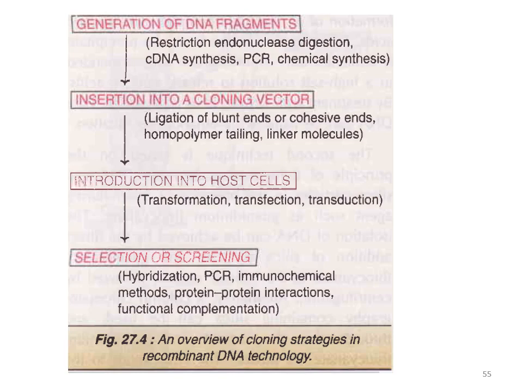So screening is a must. Hybridization, PCR, immunochemical methods, protein-protein interactions, and functional complementation are the processes which are used for the selection or screening of the cells with recombinant DNA.